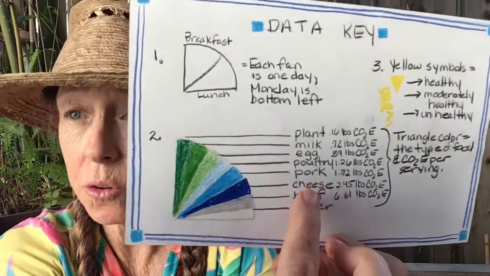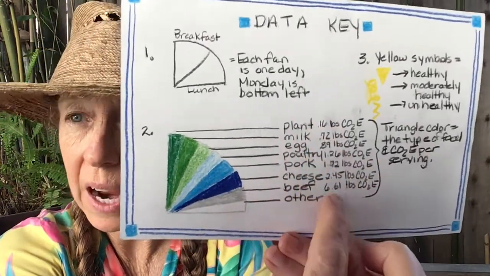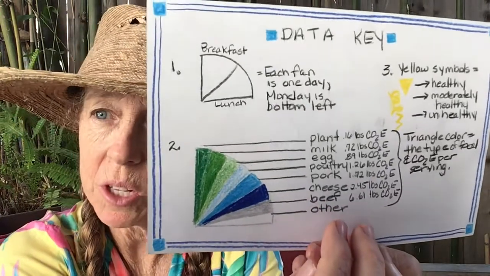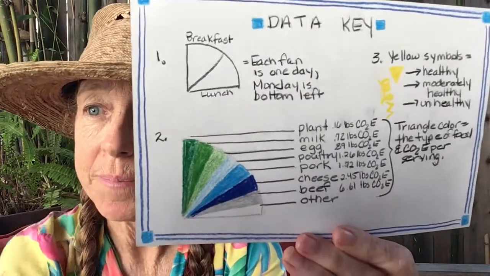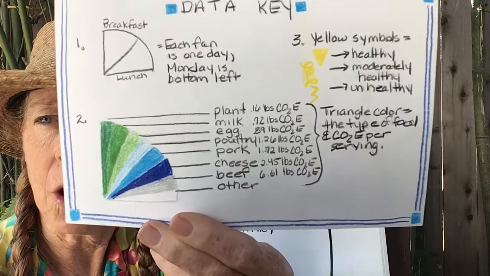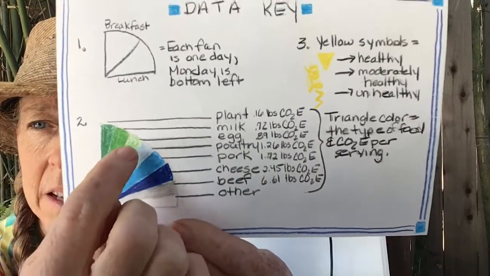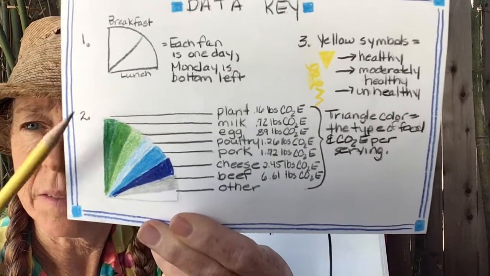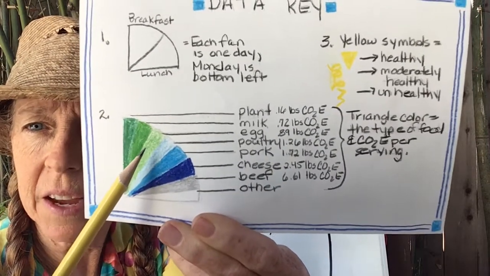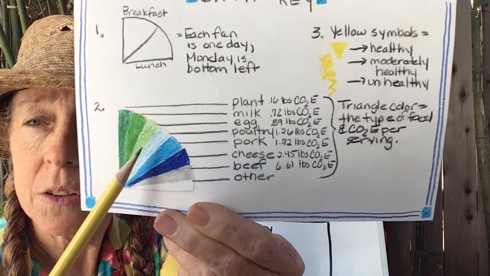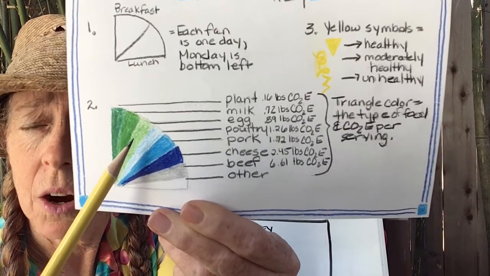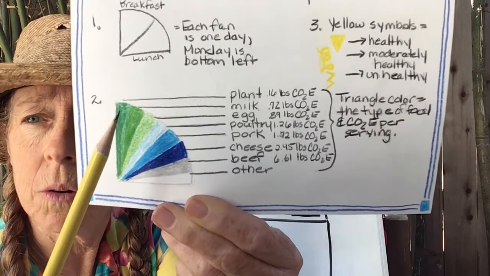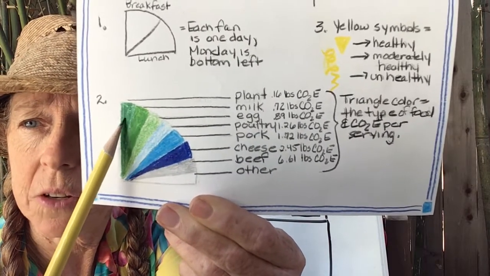And for each food, we show approximately how many pounds of CO2 emissions for that food. So if I know I had egg, I know that the first triangle needs to be light green, right there. Then if I had mushrooms, which is a plant, I know that triangle is going to need to be dark green.